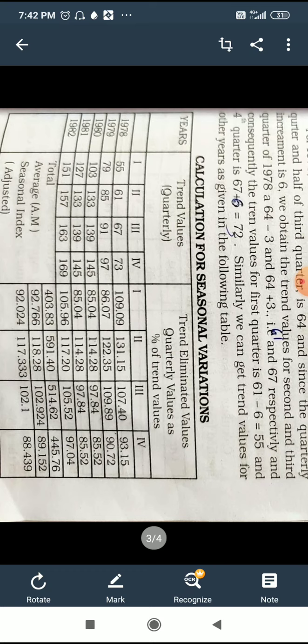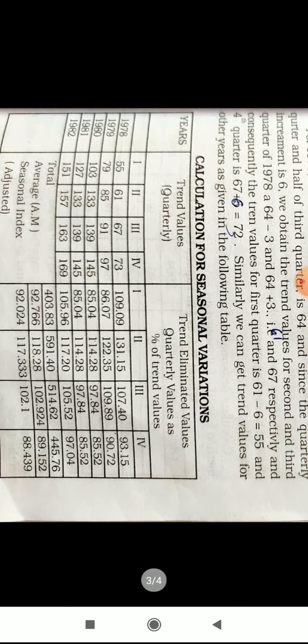For the second quarter we deduct 3 from 64, which is 61, and for the third quarter we add 3 to 64, which is 67. For the fourth quarter, 67 plus 6 is 73, and for the first quarter, 61 minus 6 is 55.